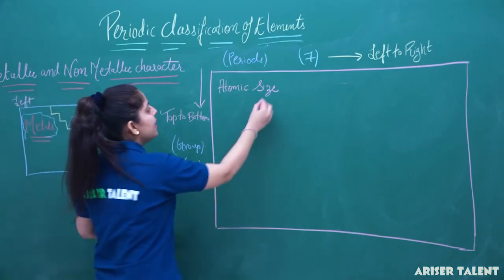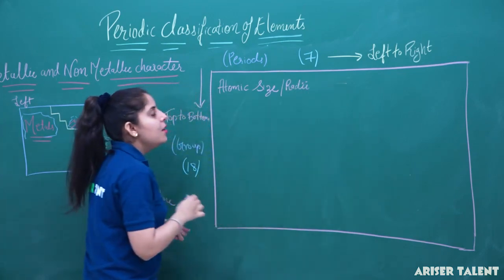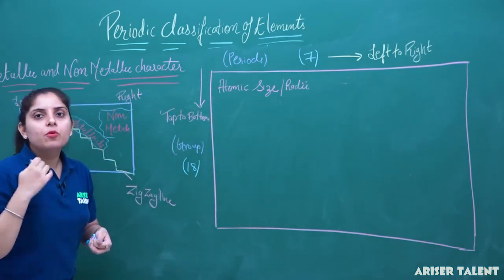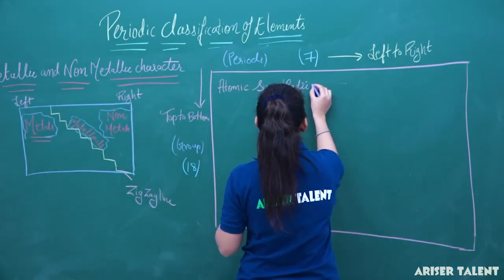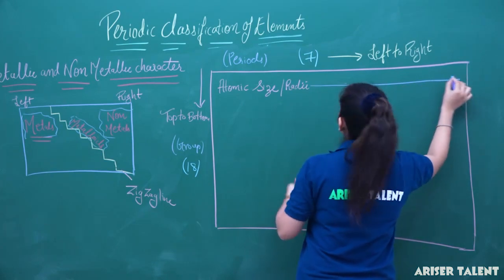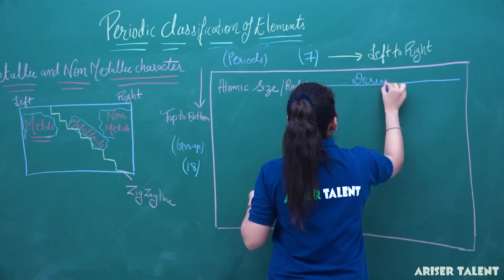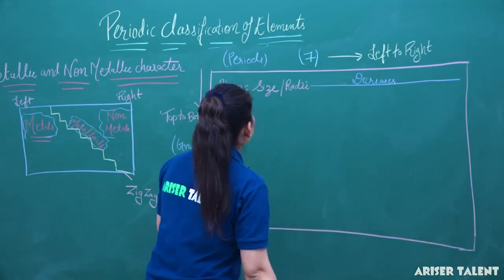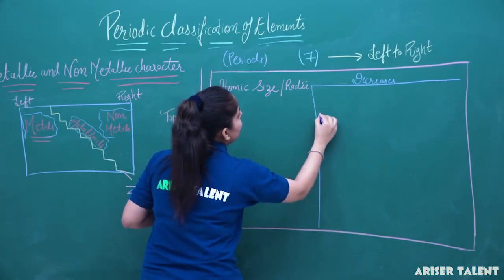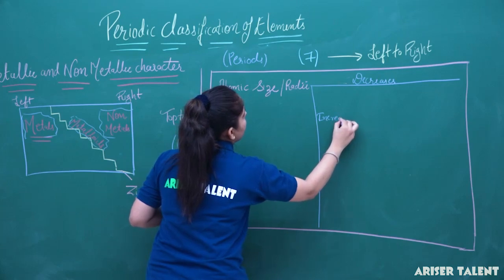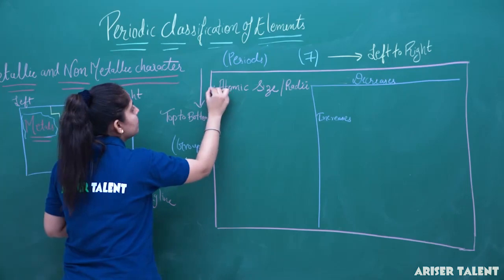The atomic size or atomic radii in moving from left to right in the periodic table will decrease, and it will increase in moving from top to bottom. So in moving from left to right, it decreases. But if I am moving from top to bottom, it increases. So this is the trend in the atomic size.